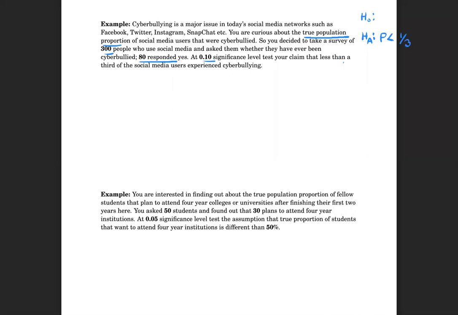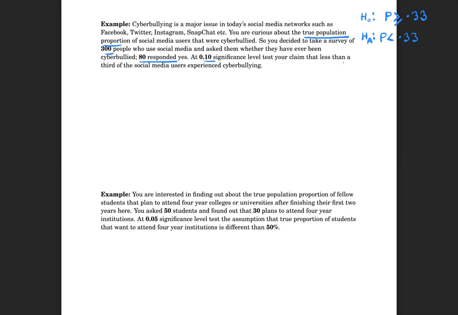I'm going to make it a nice number, 0.33. P less than 0.33, or 33%, is your alternative hypothesis. That means you're trying to test that. Your null would be the complement of it, which is P is greater than or equal to 0.33.